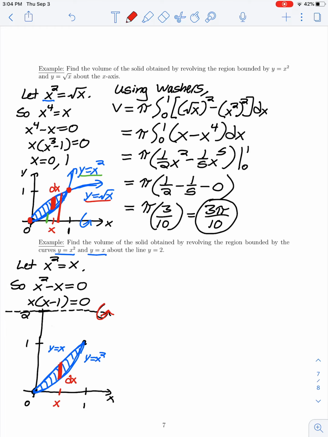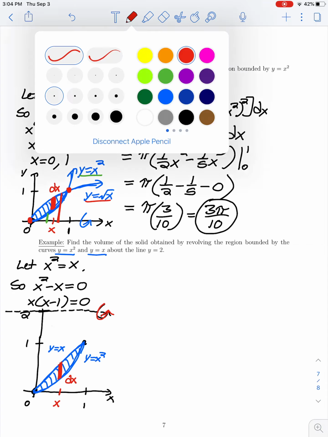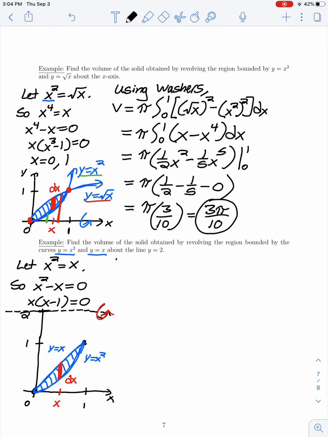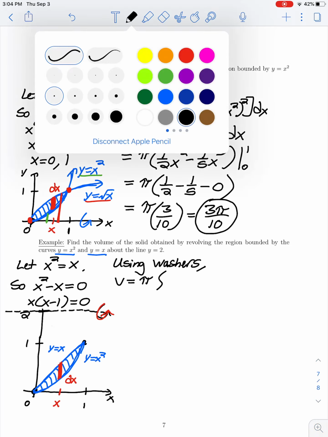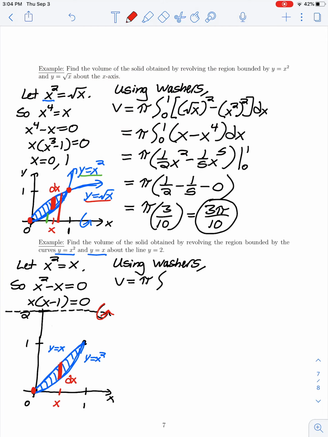A washer instead of a disk, since our region does not come into contact with our axis of revolution. So once we know we want to use the washer method, we can set up our integral for the volume as pi times the integral along the x-axis from x equals 0 up to x equals 1.